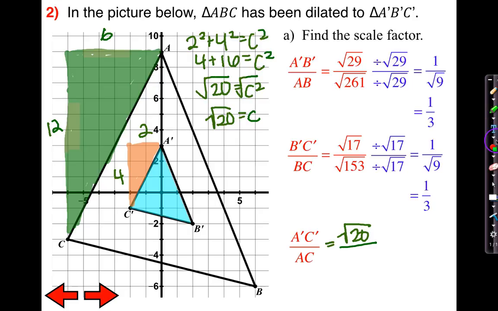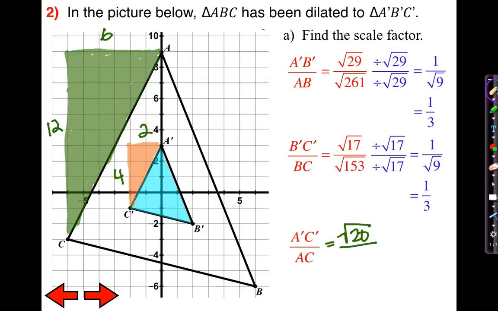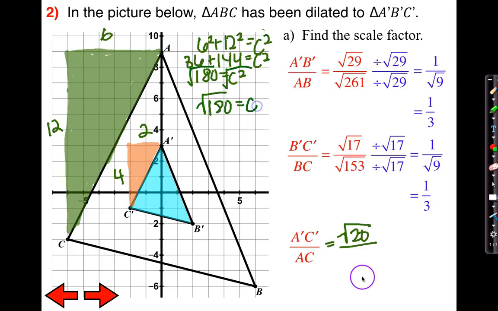So here, let's go ahead and apply this to the Pythagorean theorem to find the missing length. 6 squared plus 12 squared equals c squared. 36 plus 144 equals c squared. Let's see, that's going to be 180 equals c squared. Take the square root of both sides, and I'm left with the square root of 180 equals c.